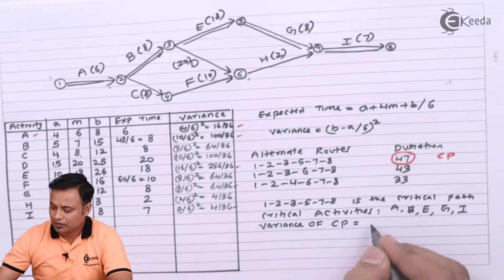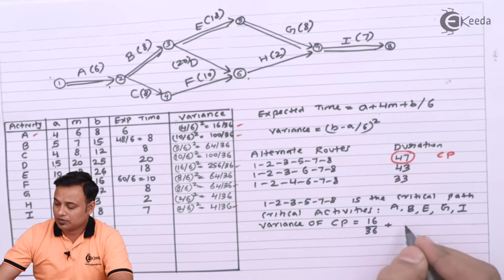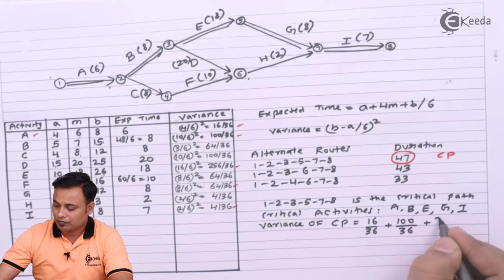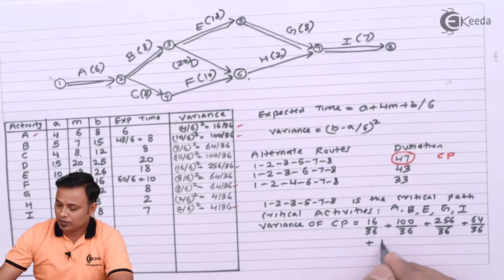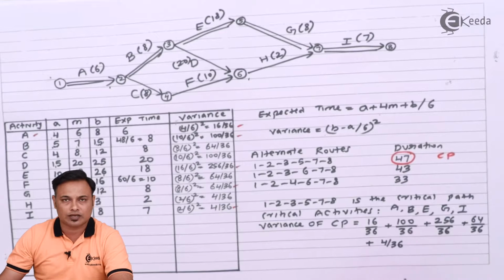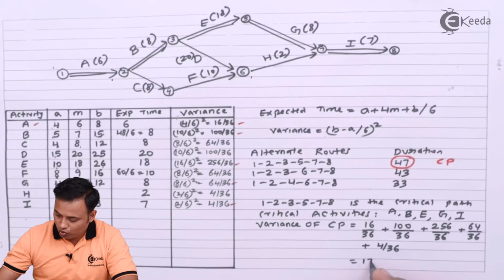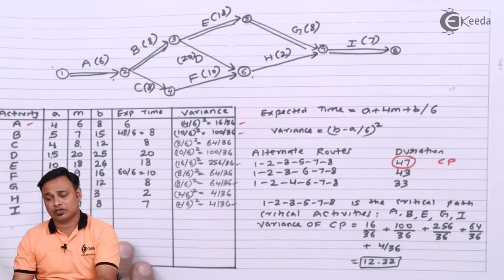So the first is 16 by 36 plus 100 by 36 plus 256 by 36 plus 64 by 36 plus 4 by 36. So I'll add this all now. It will be 12.22. So I'm going to do the variance and I'll calculate the standard deviation on the next page.